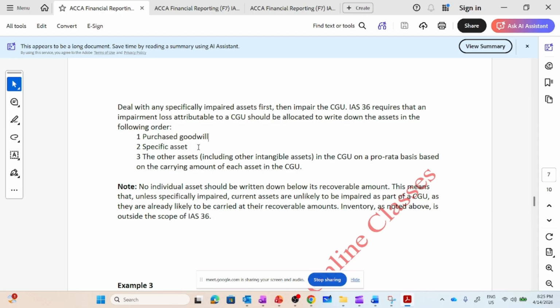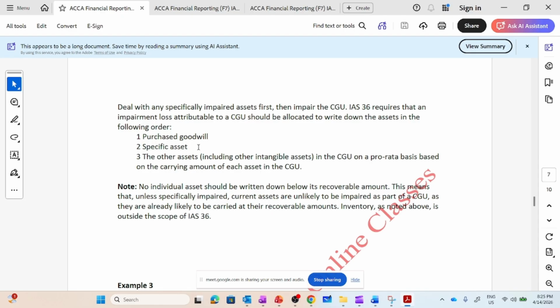No, we need to write down the value of the assets to the recoverable value. Maximum, we should not go below the recoverable value, because we want to reduce the carrying value of the asset to the recoverable value.